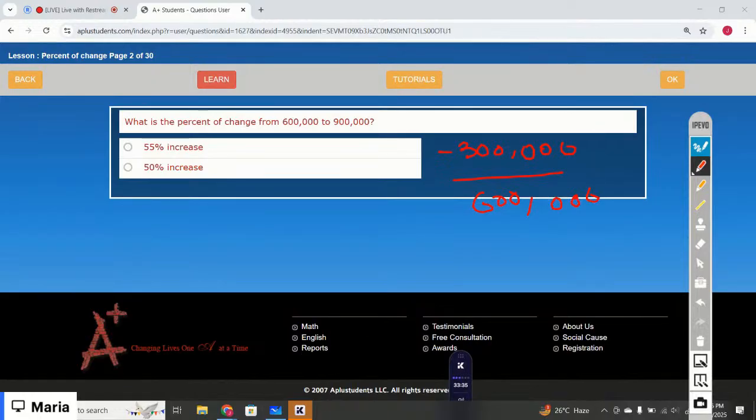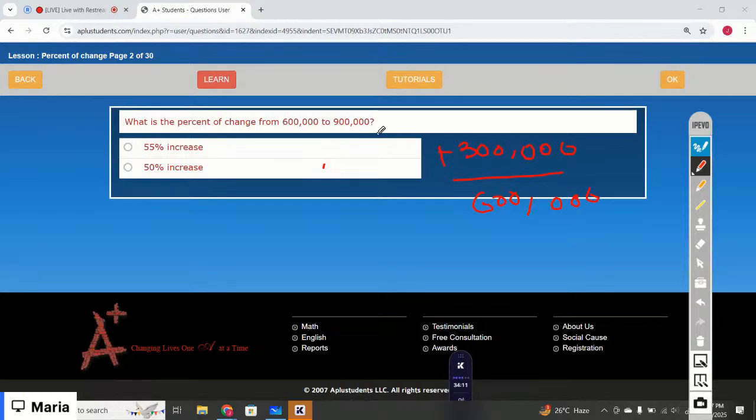The negative sign represents a decrease.